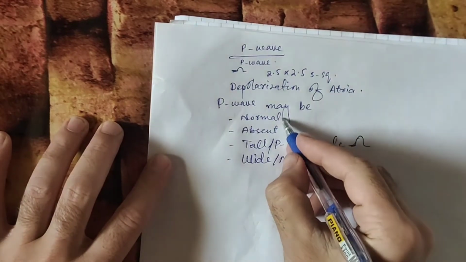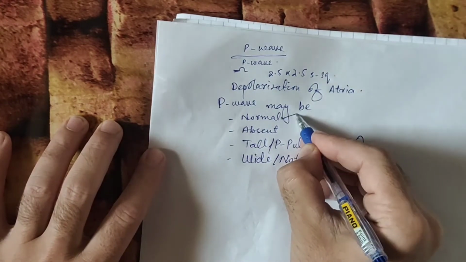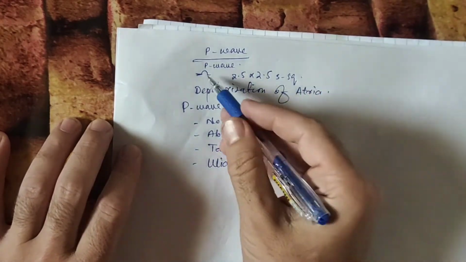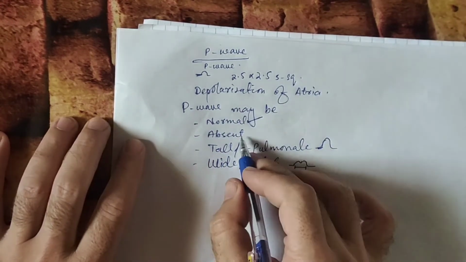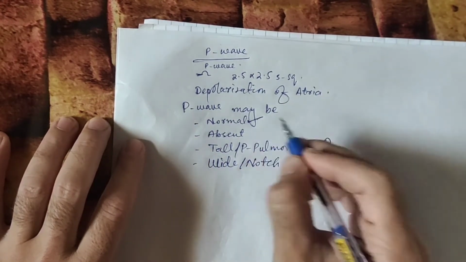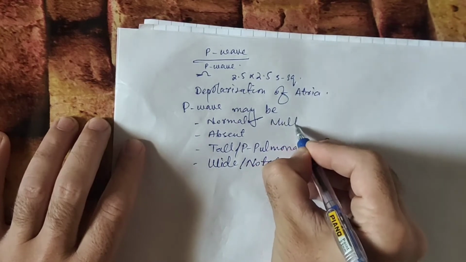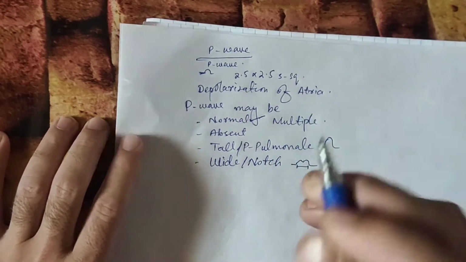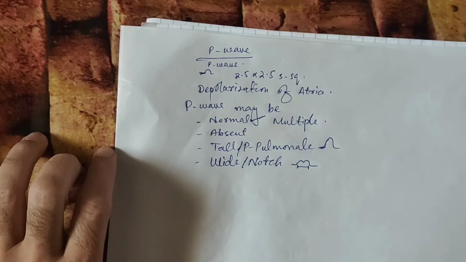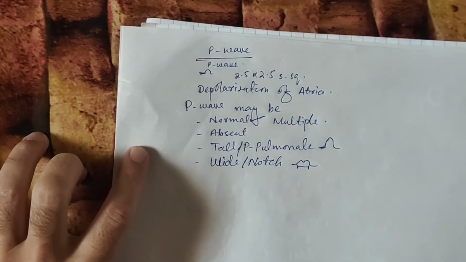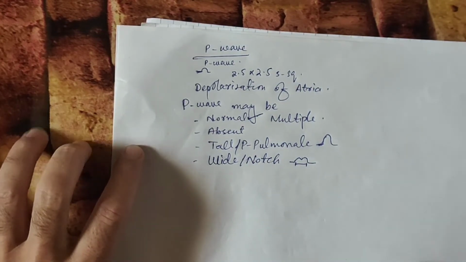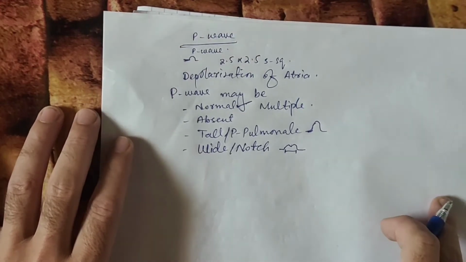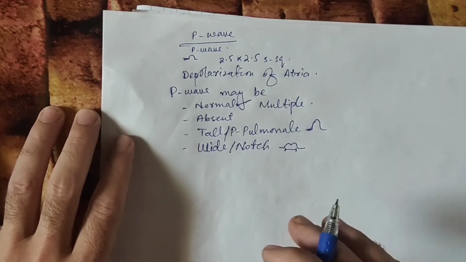First we all know how the P-wave is formed normally. The P-wave may be normal, or multiple. Multiple P-waves occur in third degree heart block, which we will learn in this video as well.